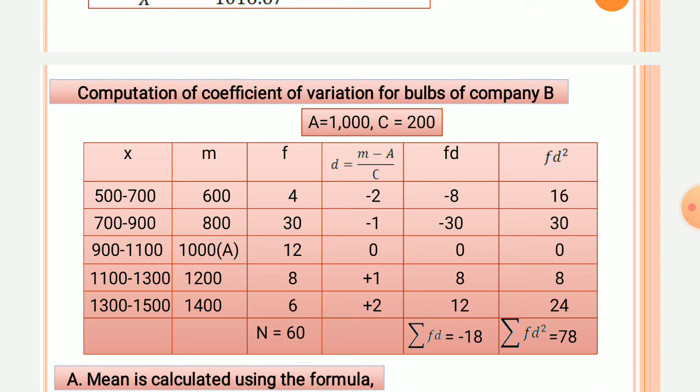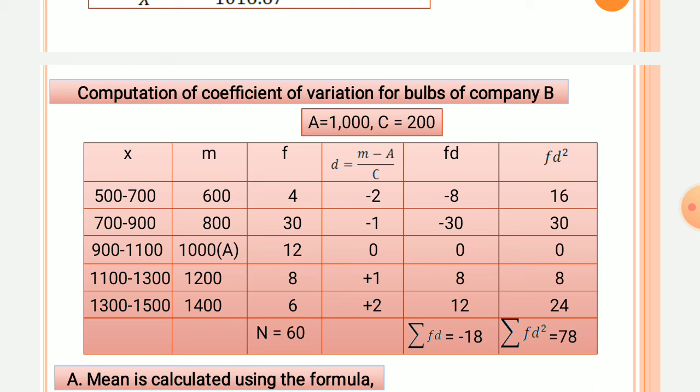Then f into d, fd: 4 into minus 2 is minus 8, 30 into minus 1 is minus 30, 12 into 0 is 0, 8 into plus 1 is 8, 6 into 2 is 12. And then fd into d, fd square: minus 8 into minus 2 is 16, minus 30 into minus 1 is plus 30, 0 into 0 is 0, 8 into 1 is 8, 12 into 2 is 24.